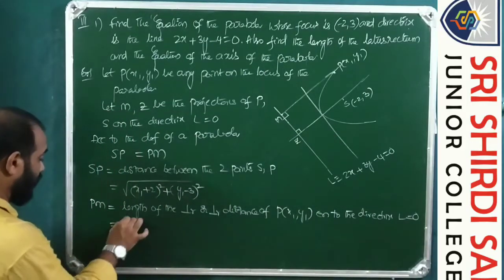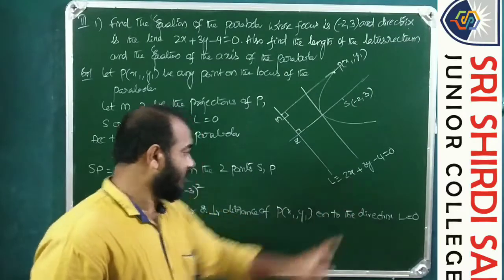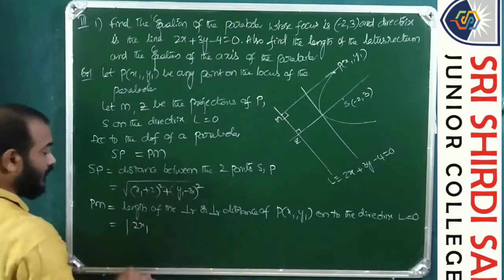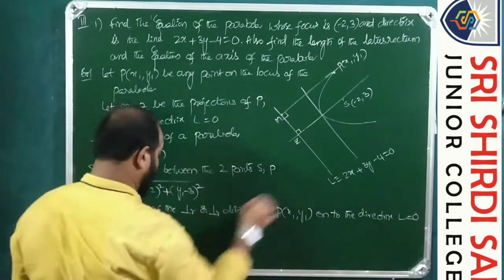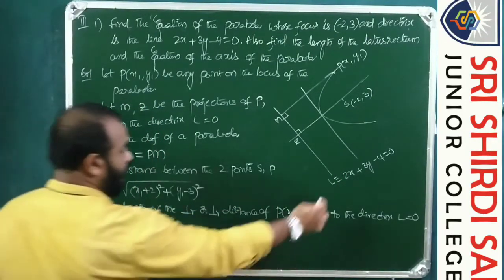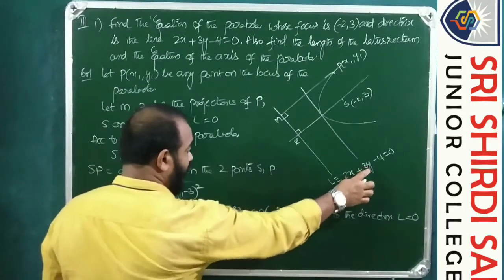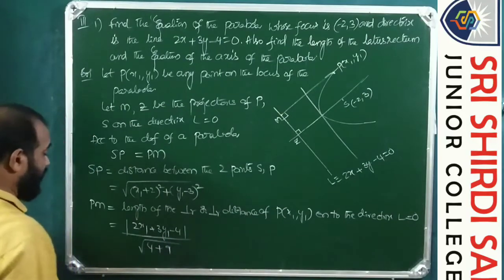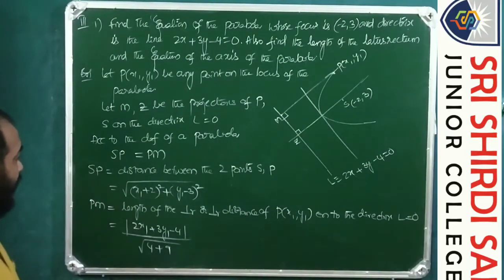So the perpendicular distance from P to this line is (2x1 + 3y1 - 4) divided by the square root of (2² + 3²), that is 4 + 9. So this is SP equals PM.